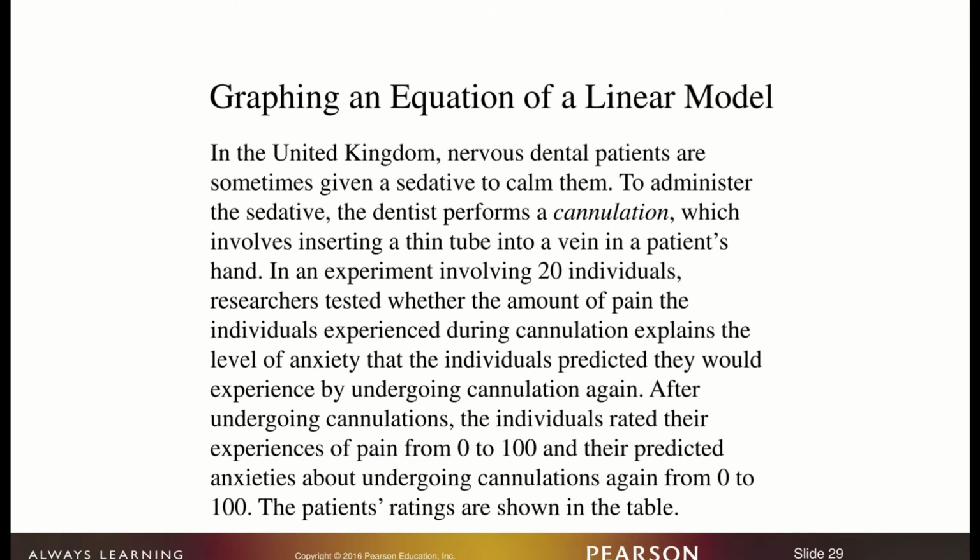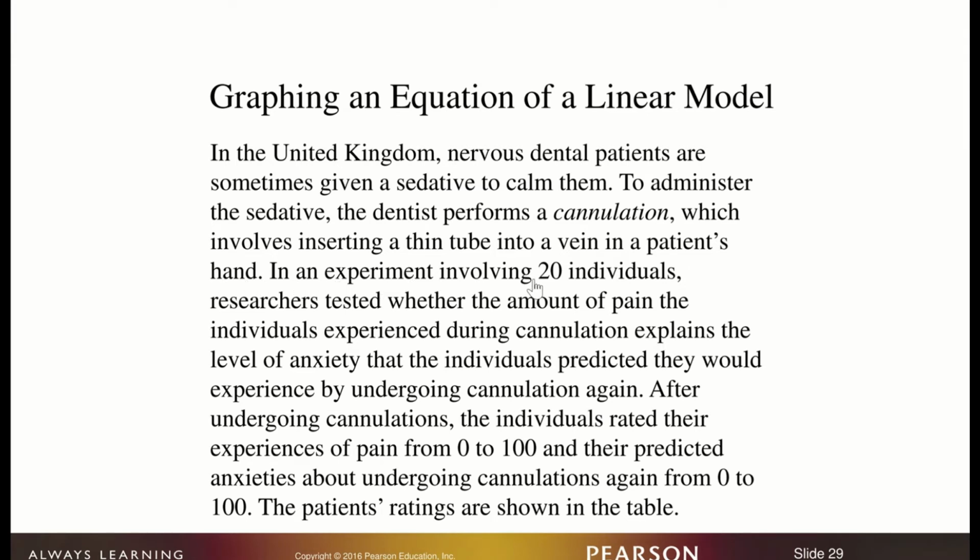Now let's see if we can apply all this to a linear model. In the United Kingdom, nervous dental patients are sometimes given a sedative to calm them. To administer the sedative, the dentist performs a cannulation, which involves inserting a thin tube into a vein in a patient's hand.